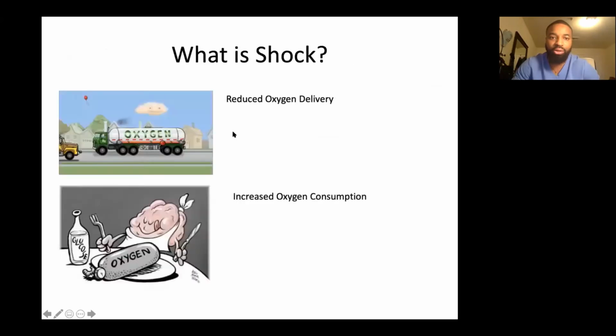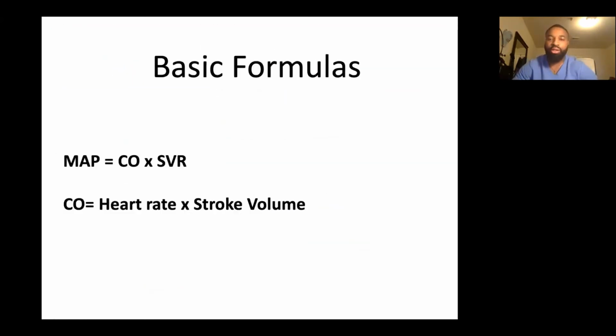All right, so when we're talking about shock, this is a basic formula we use, right? You have mean arterial pressure, which is MAP, equals cardiac output times systemic vascular resistance, SVR, and then cardiac output is heart rate times stroke volume.